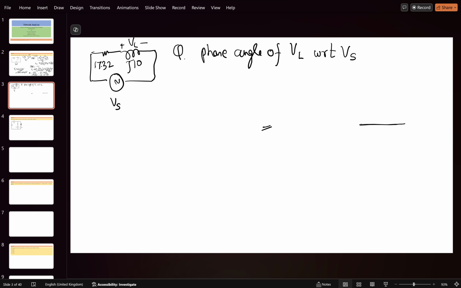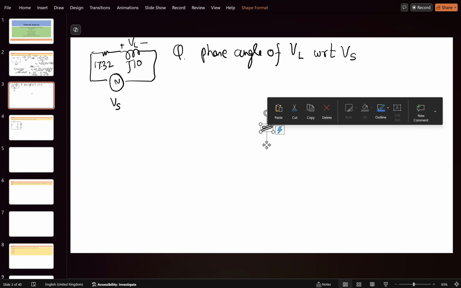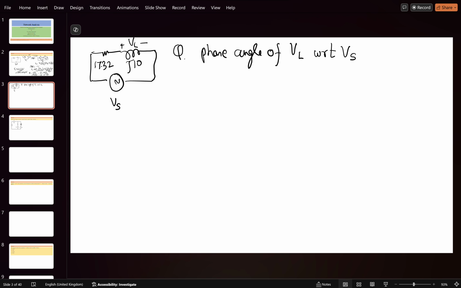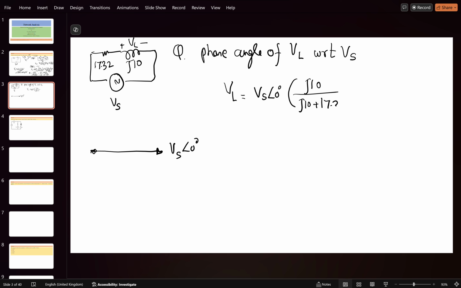We have to take some reference to find the phase angle of VL, so let's assume Vs is at 0 degree, and we will find the phase angle of VL. Use the voltage division principle: VL is equal to Vs angle 0 degree times j10 divided by j10 plus 17.32.